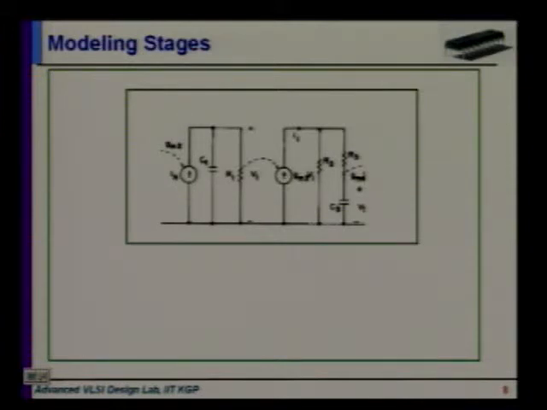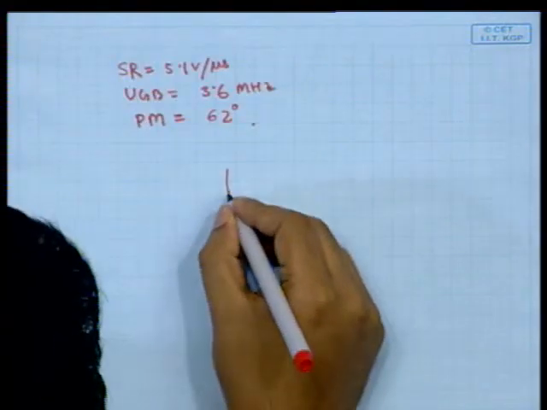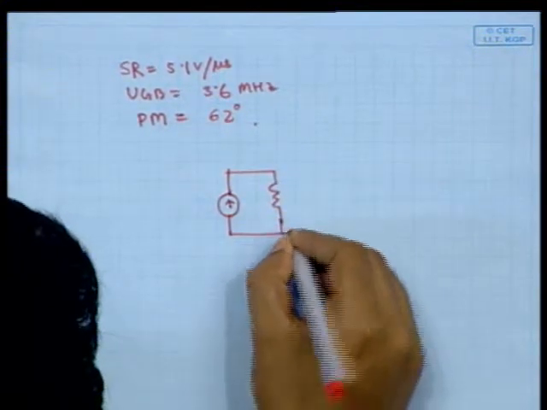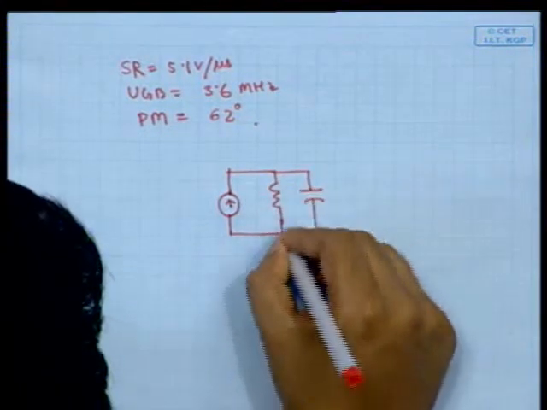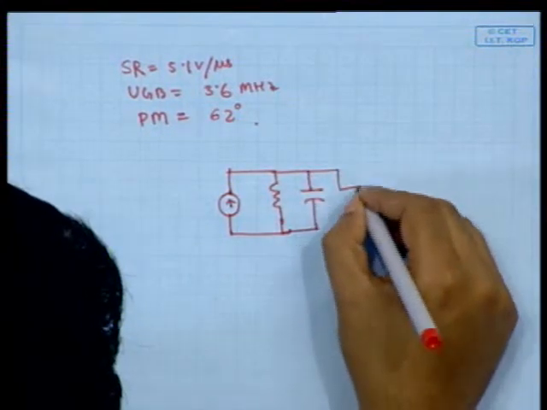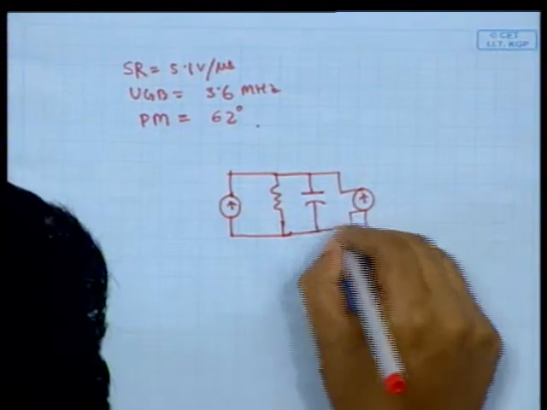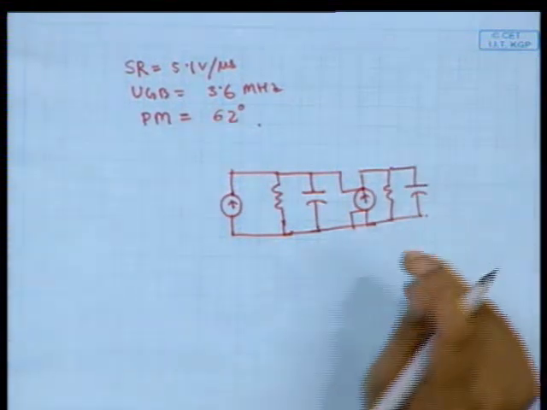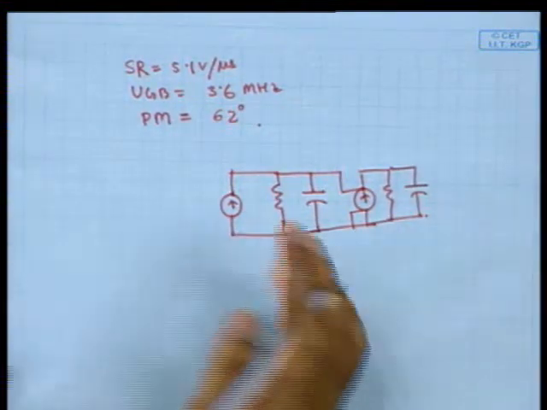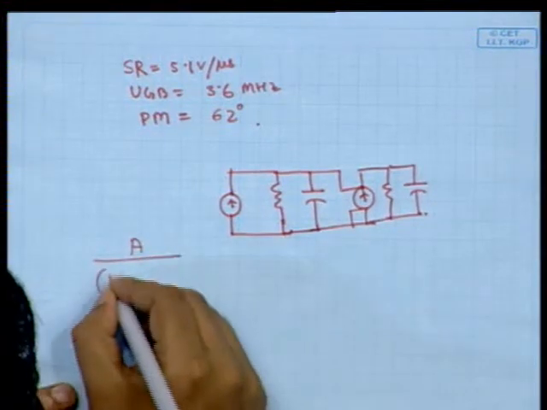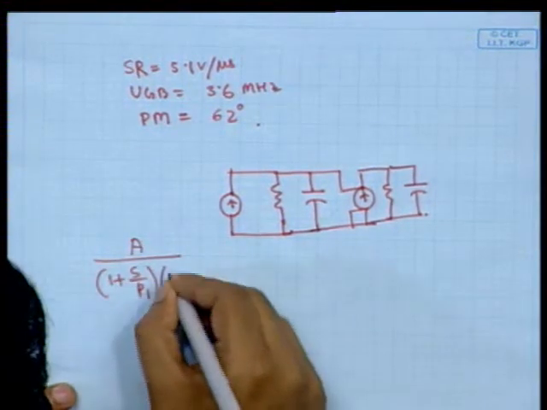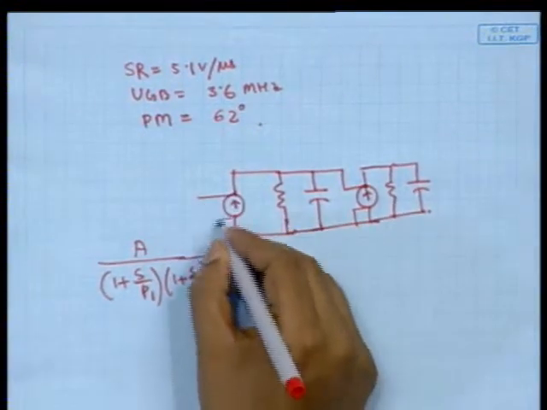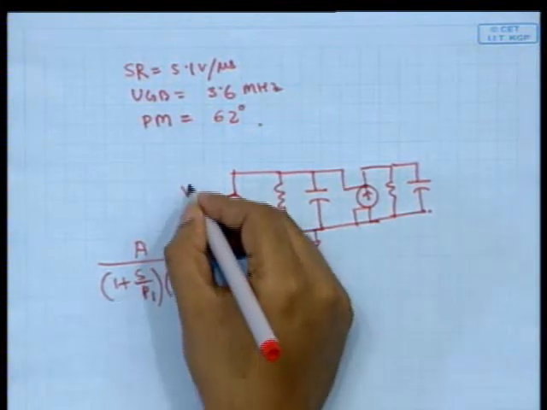Now suppose a system has two poles. You can represent it by A by some voltage here, and this is V out.